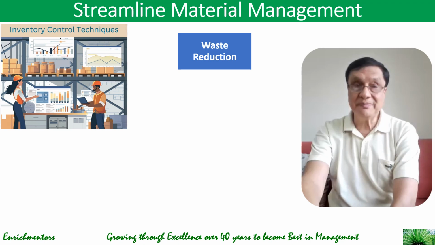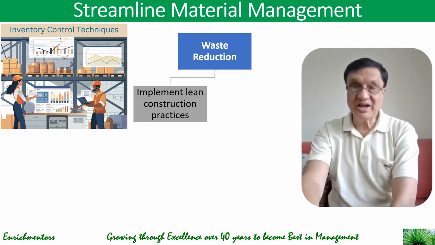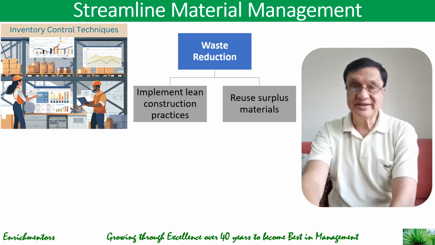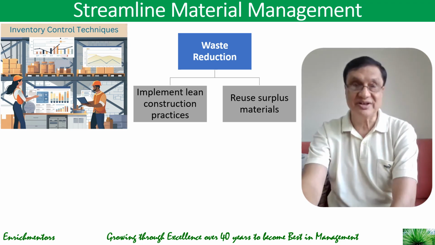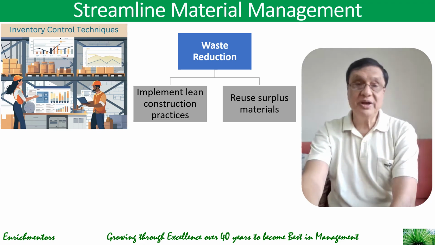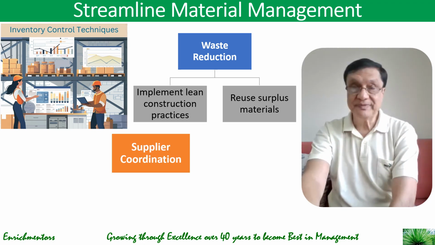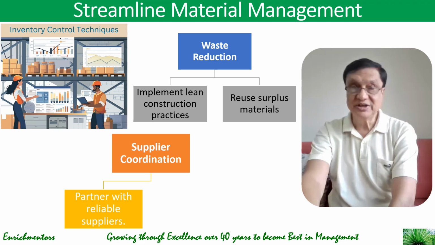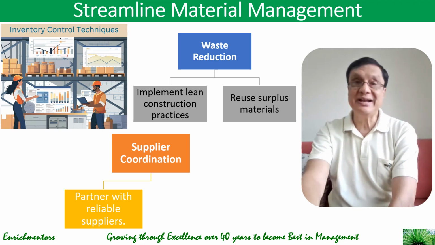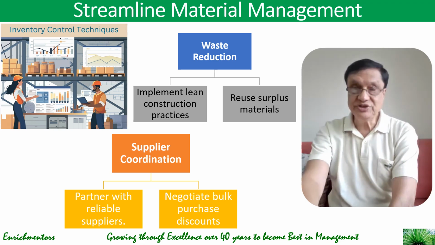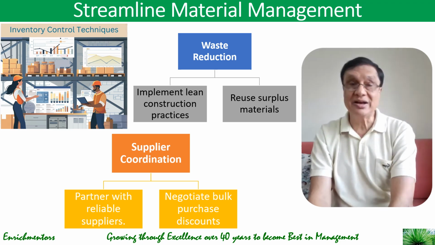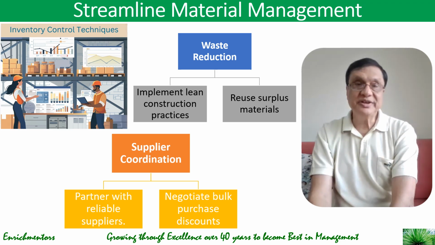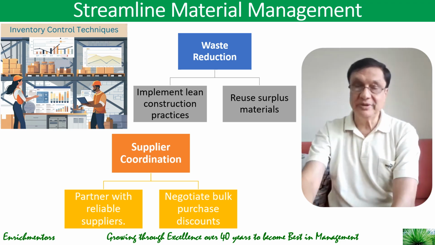Implement lean construction practices for waste reduction to minimize material waste and reuse surplus material wherever possible, like scrap metal, leftover concrete, etc. Also, pay attention to supplier coordination: partner with reliable suppliers for consistent quality and timely deliveries, and negotiate bulk purchase discounts while ensuring staggered delivery. So these are a few things that you can do to streamline your materials management.